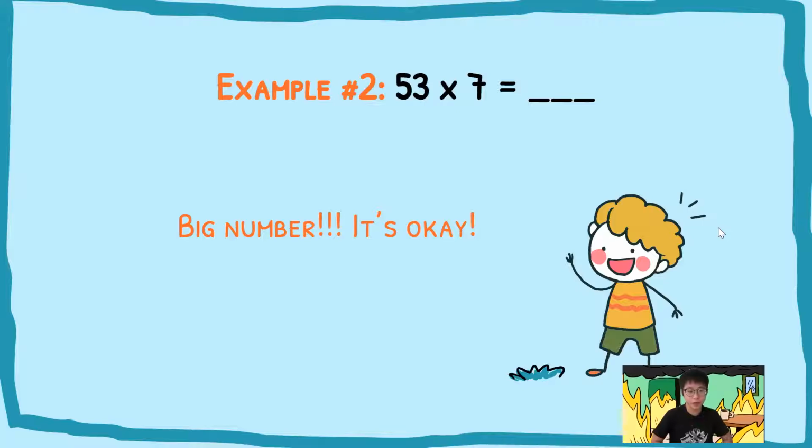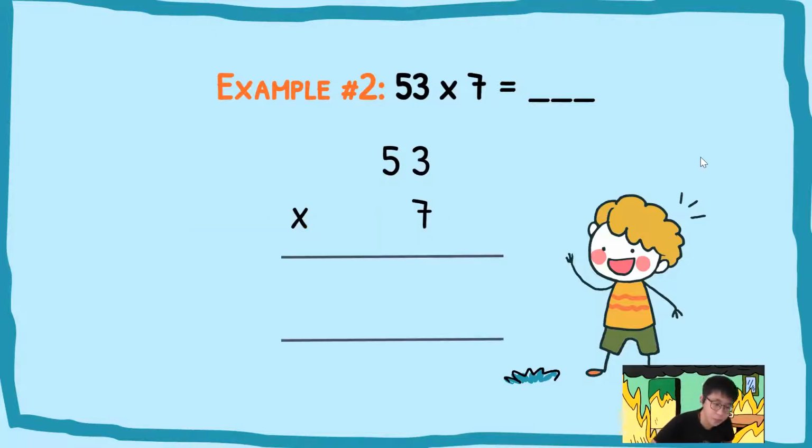53 times 7. Okay, whoa, this is a very big number, but don't be scared because we will do it together. I will do it with you. Okay, 53 times 7. We need to go back to our times table and remember what we have learned. We will always do from right to left. You'll write our numbers from right to left.